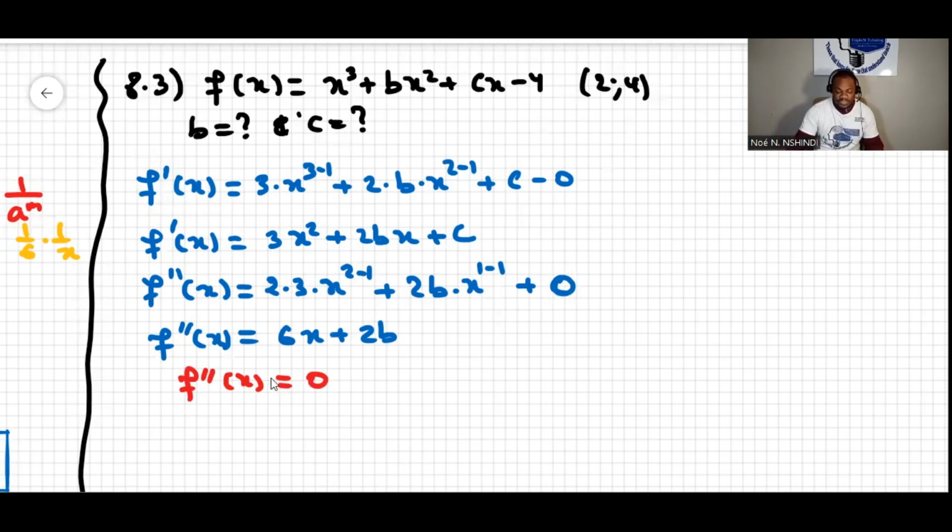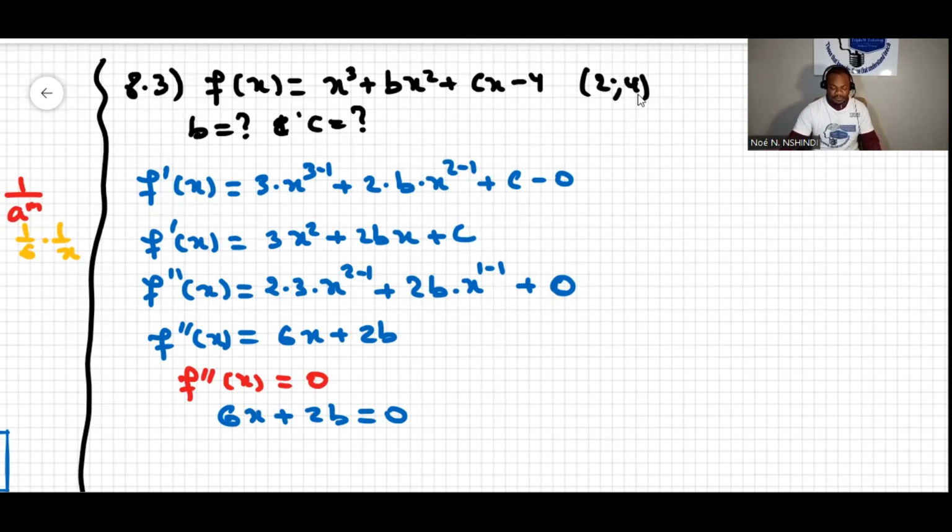So we're going to make it equal to 0. So this makes 6x plus 2b equal to 0. Now the question says that it has a point of inflection at the point 2, 4. It means when x is equal to 2 and y equal to 4.